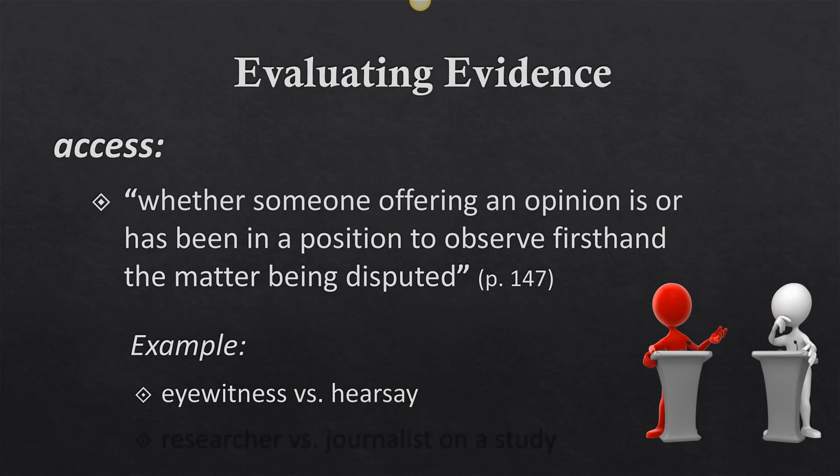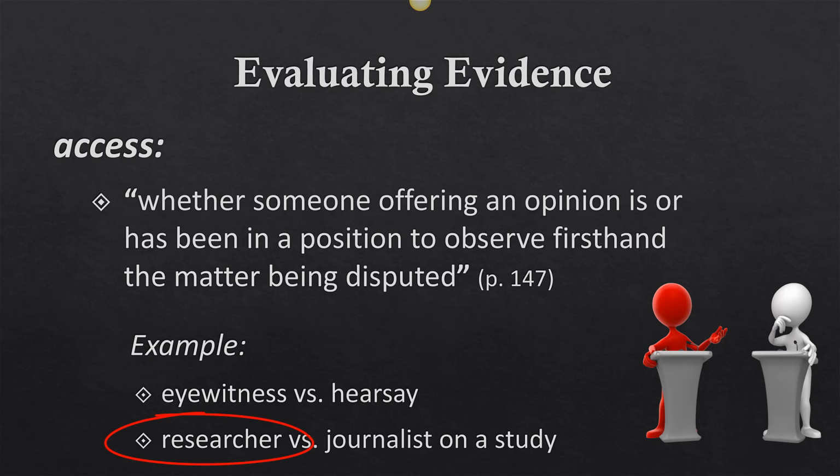Another way we can think about access is the difference between a researcher that communicates the results of a scientific study as opposed to a journalist who's reporting on that study. The researcher is in a better position of access. They're the primary source because they actually conducted the study, wrote up the results, and had them published, as opposed to the journalist who's a secondary source who's reading the study or perhaps reading a press release about that study, which is essentially hearsay based on a primary source.